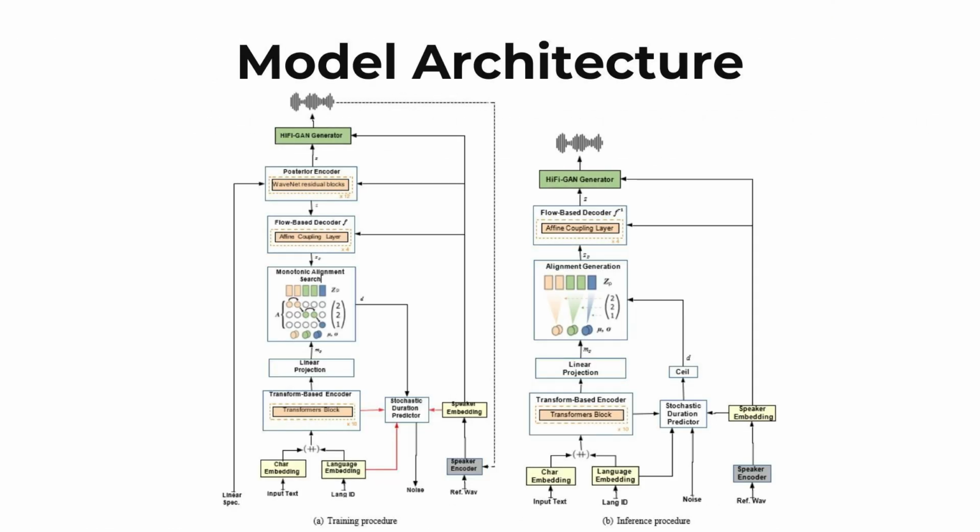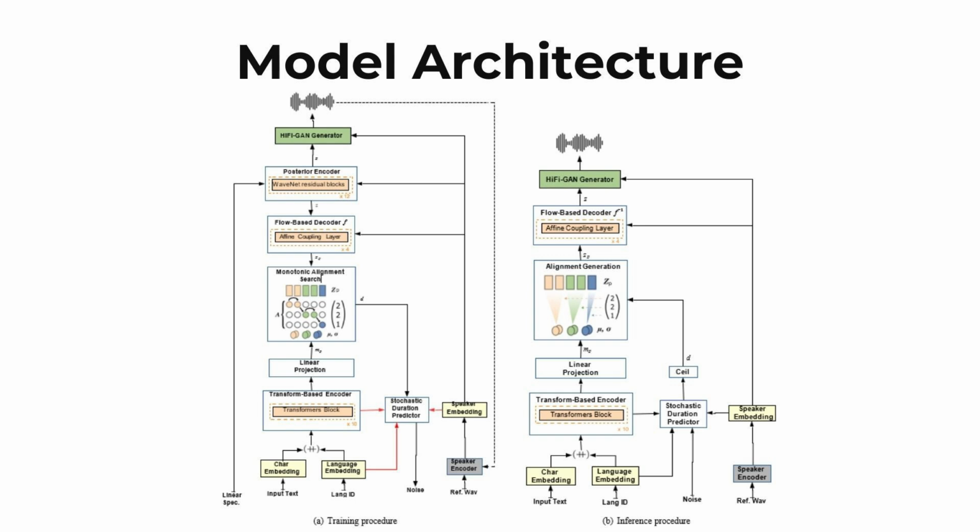I'll take you to the model architecture, to better understand how the model is trained, using both the input text and the audio. As input we have a linear spectrogram, which is basically the audio waveform converted into a spectrum. We have an input text, and we have a language ID, which correlates to the input text, which is converted to the audio.